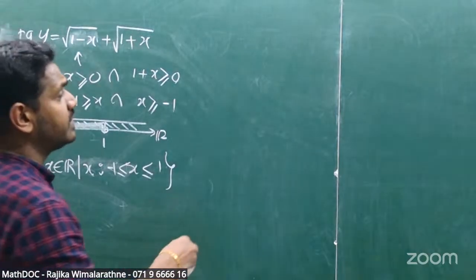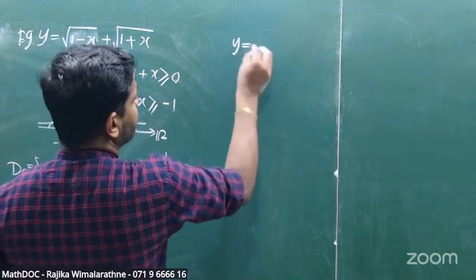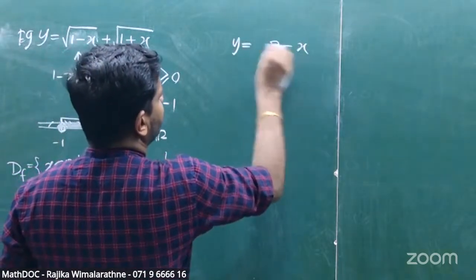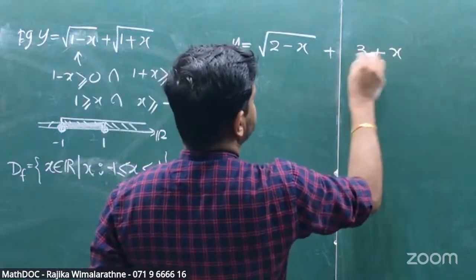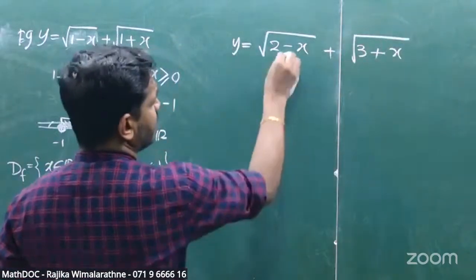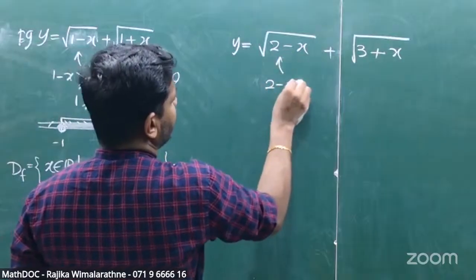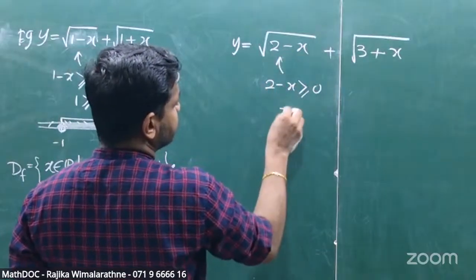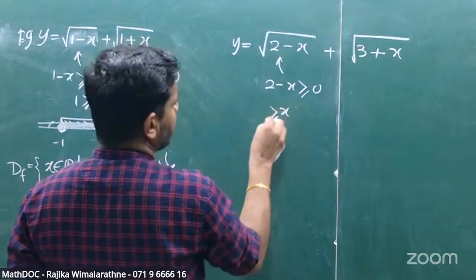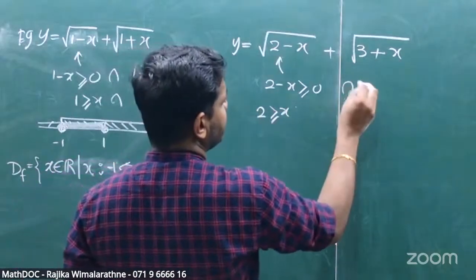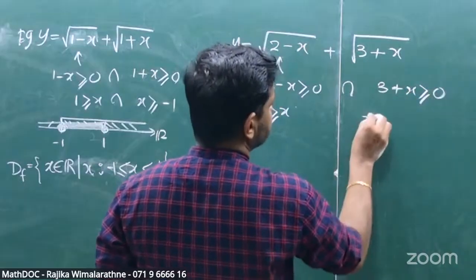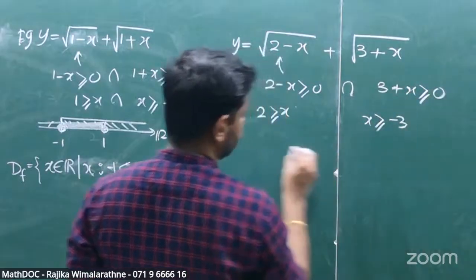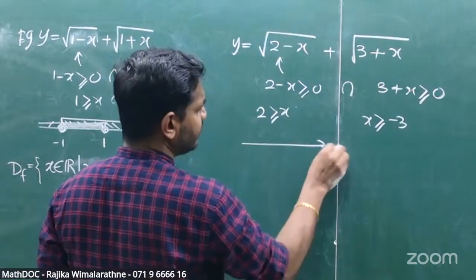See another example. Y equals square root of (2 minus x), square root of (3 plus x). Then here for this, 2 minus x is greater than or equal to 0, x is less than or equal to 2, and that means intersection with 3 plus x greater than or equal to 0, x greater than or equal to minus 3. Now mark that on the number line.